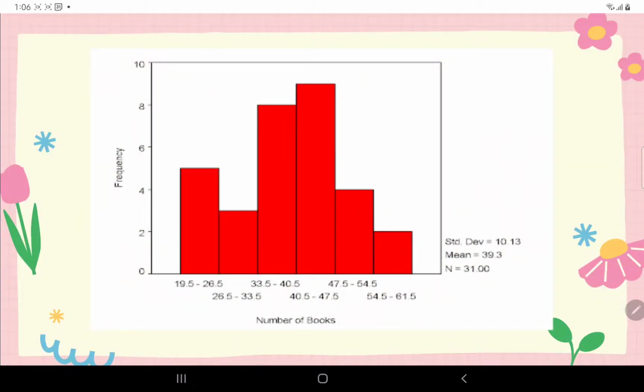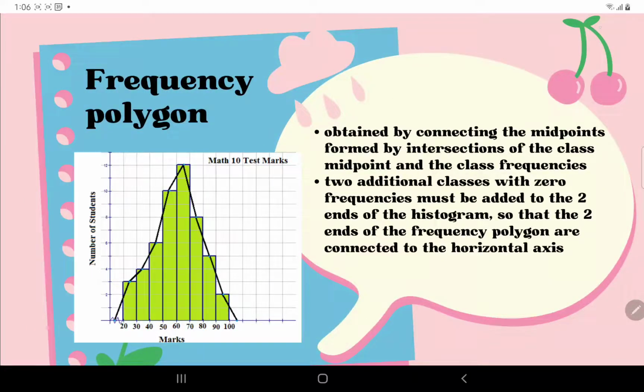Okay, this is one example of a frequency histogram. And this is the frequency polygon. Actually, the frequency polygon is obtained from the histogram. From the histogram we can construct a frequency polygon by connecting the midpoints of the tops of the rectangles in the histogram.